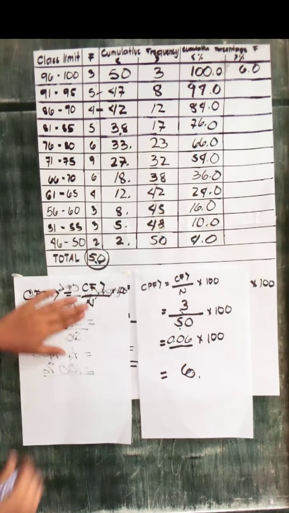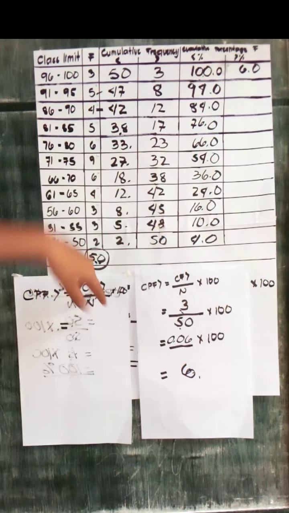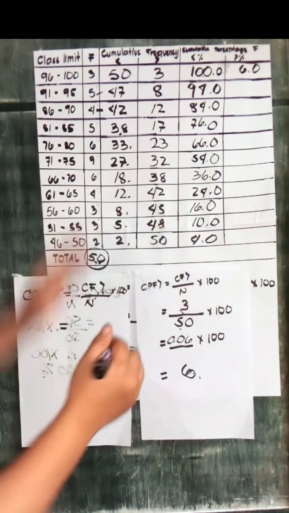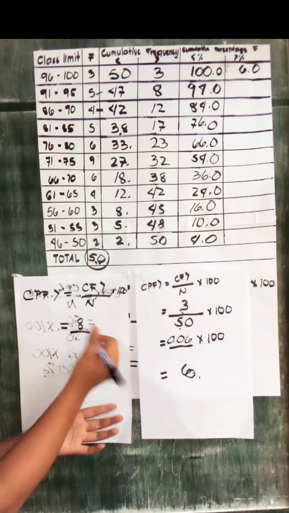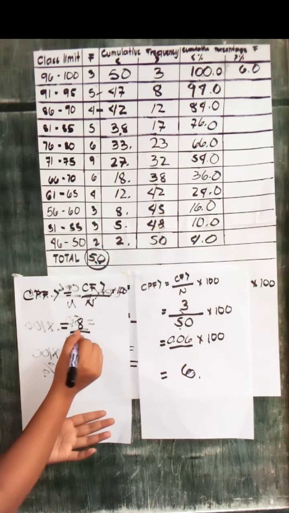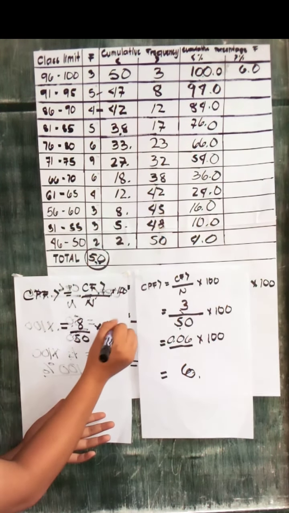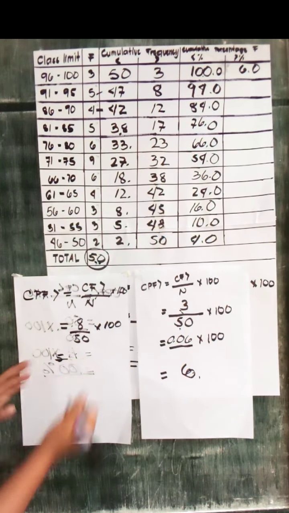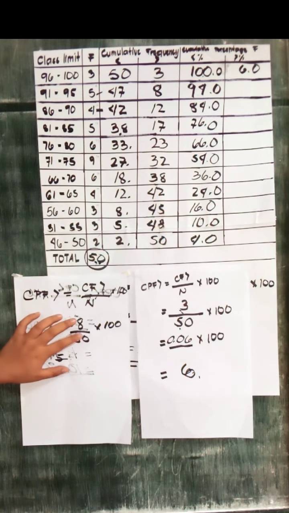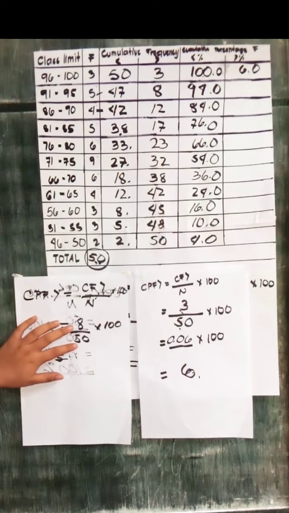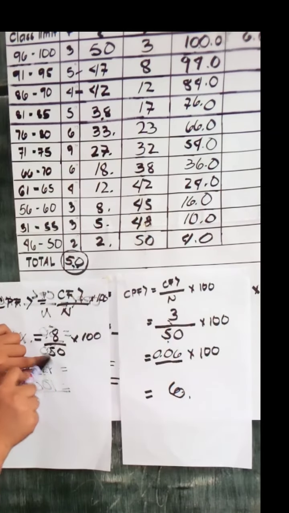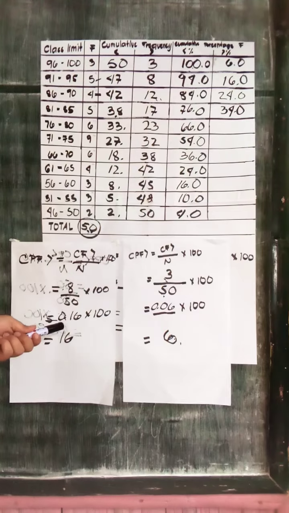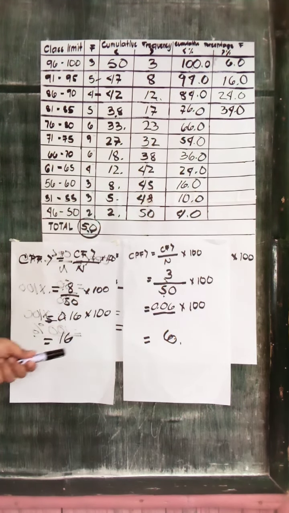In cumulative frequency greater than, we have the number 8, so we will write 8 here. And the number of cases, we have 50. So we will divide the cumulative frequency greater than by the number of cases. 8 divided by 50 is equal to 0.16. 0.16 times 100 is equal to 16.